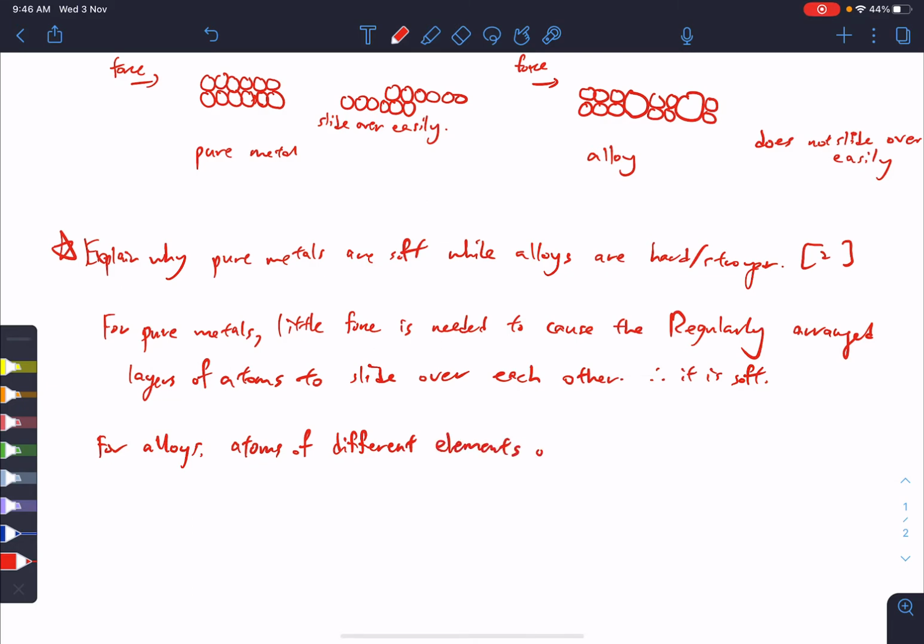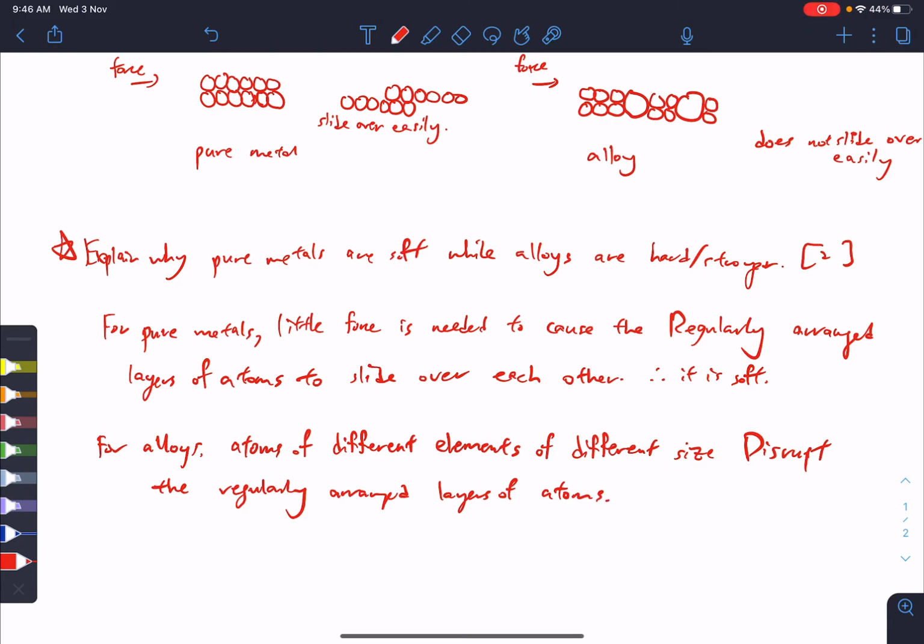Atoms of different element of different size, and the D word, disrupt the regularly arranged layers of atoms. So, therefore, it is harder. That's all. It's quite a standard 2 marks, but nevertheless, it's still 3 marks. That's the main thing about alloys per se.